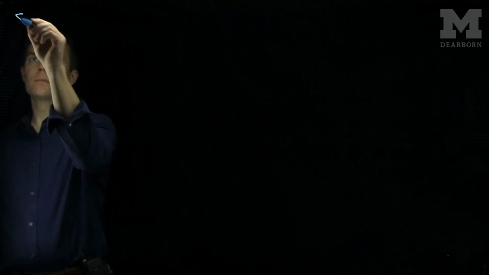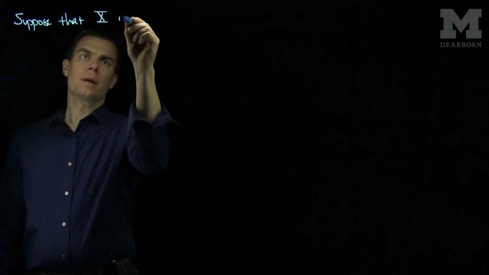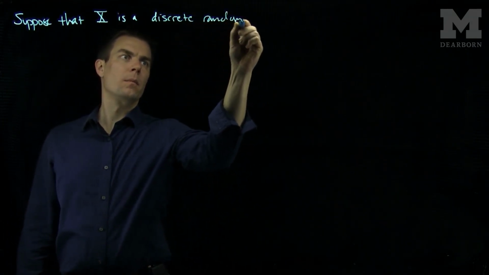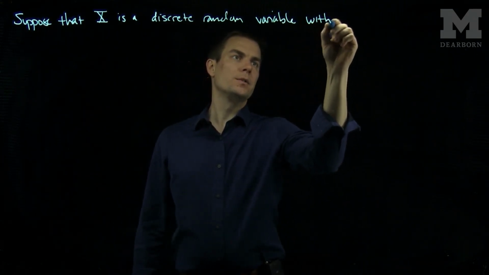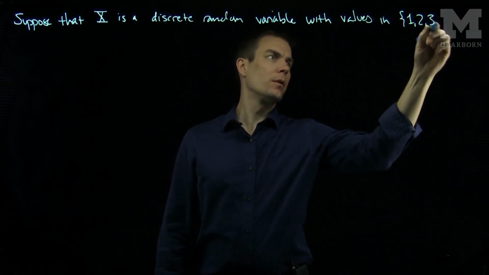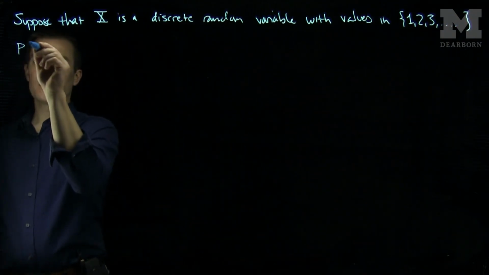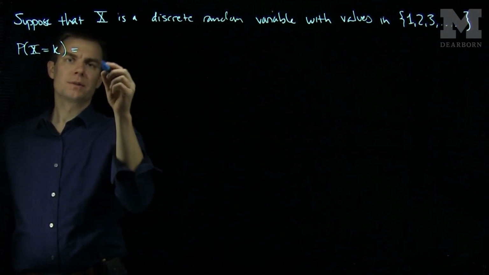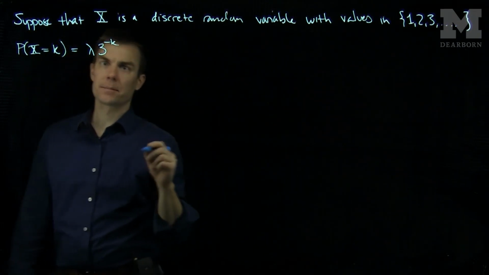Let's suppose that x is a discrete random variable with values in the set 1, 2, 3, just the counting numbers, and such that the probability that x is equal to k is some parameter lambda times 3 to the negative k.